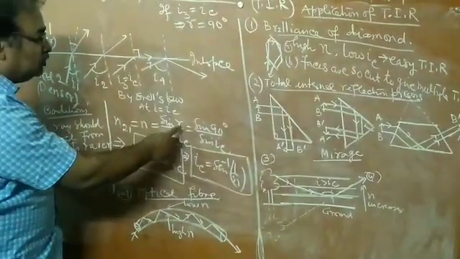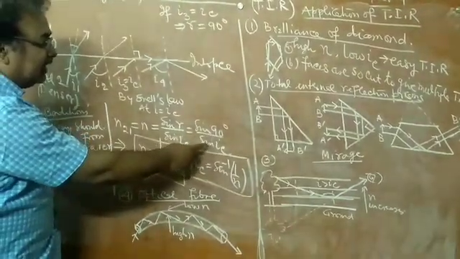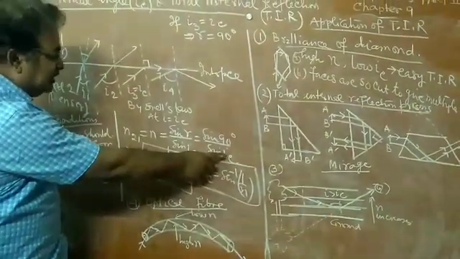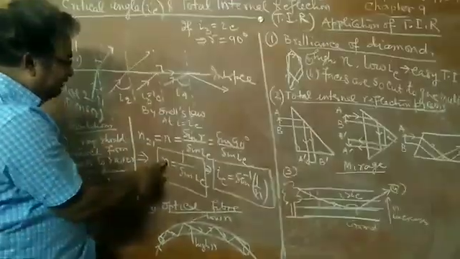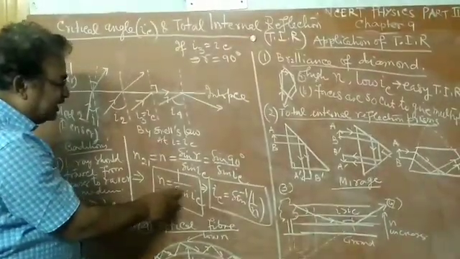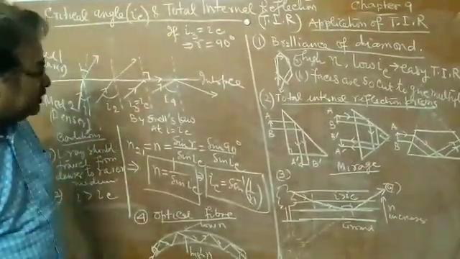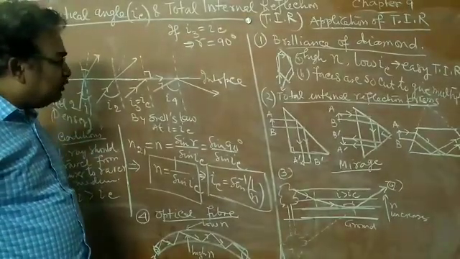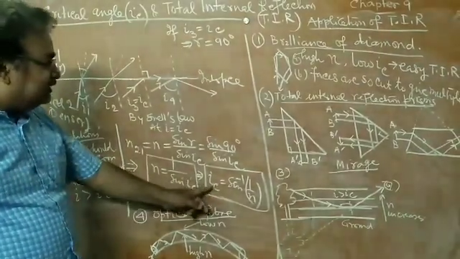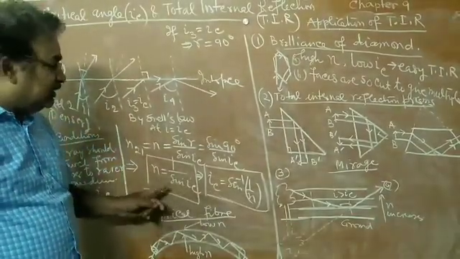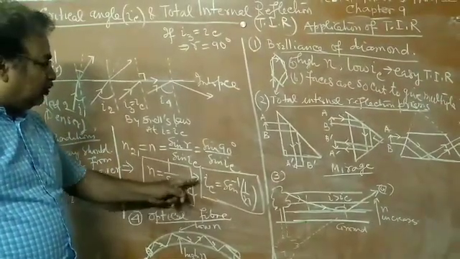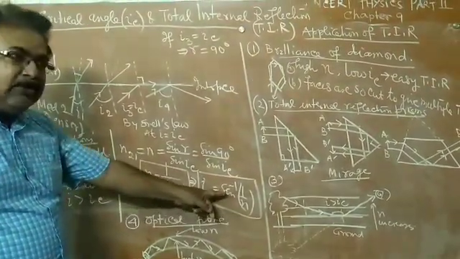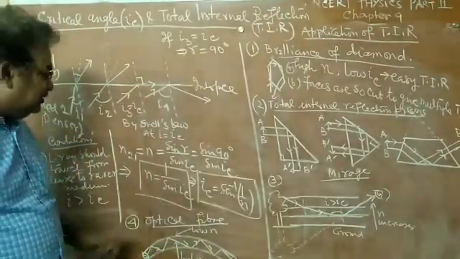R equals 90 degrees at critical angle, so refractive index is equal to 1 by sin IC because sin 90 degrees is 1. That means IC is equal to sin inverse 1 by n. So IC and n have a reciprocal relation. The more the value of IC, the lesser will be n, and vice versa.